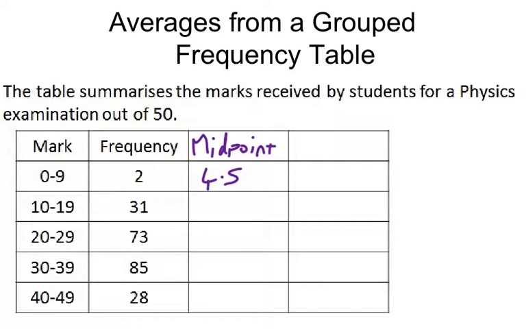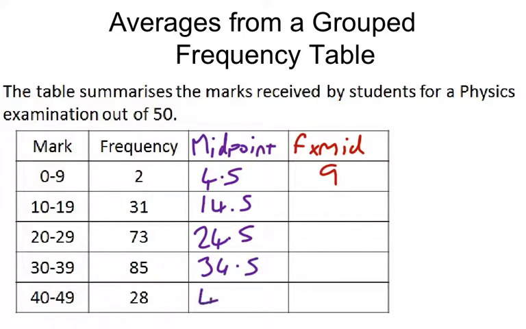And then we do the multiplication of the frequency times the midpoint. And in this case that's going to give us 9. And then carrying on in that way, we find the midpoint for each group, and then we multiply each of those midpoints by the frequency of that group. So for this group we get 449.5.